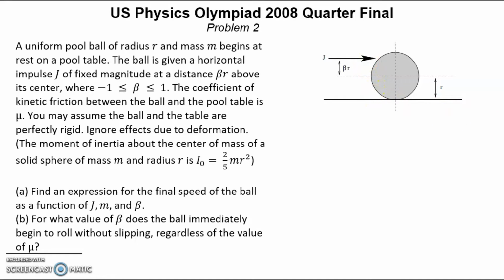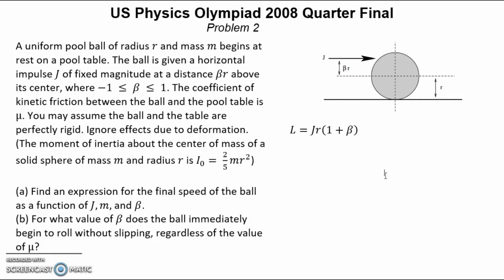That will be j multiplied by r and multiplied by 1 plus beta. That's the distance from this point of j. So that's the formula.